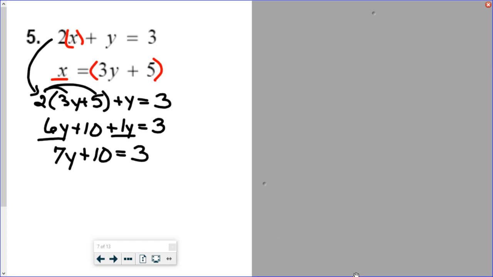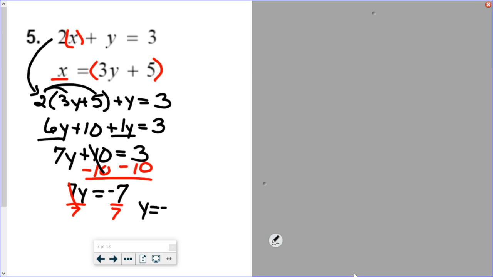Okay, now I'm going to minus 10. 7y equals negative 7. Dividing by positive 7 gives me y equals a negative 1. Okay, and then again, I go to the top. I usually pick the one that has the variable by itself, which is this one.